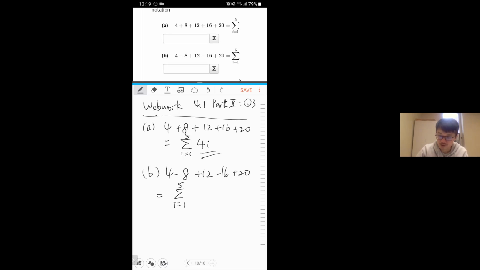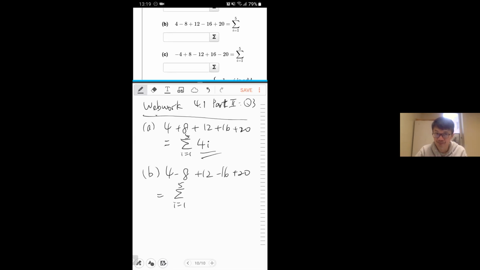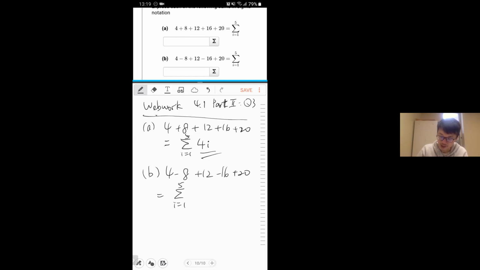Okay, I'll tell you what to do, and then you try to think about what part C should be. For part B, without the plus or minus, they all look like 4 times I, right? Do we agree on that?